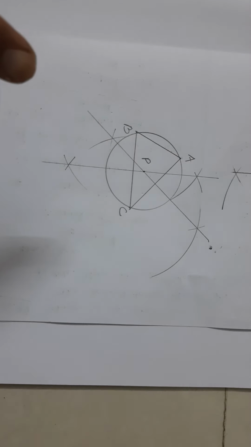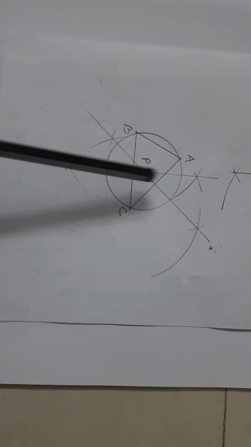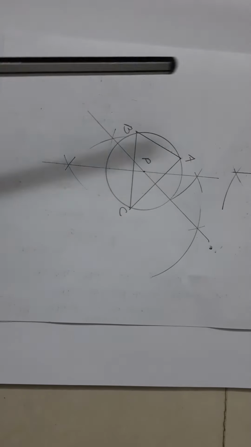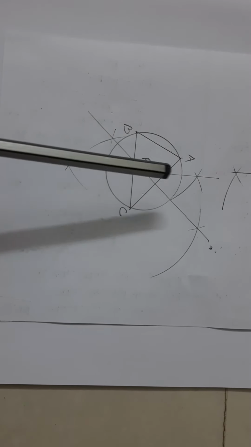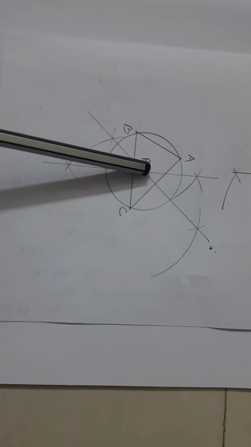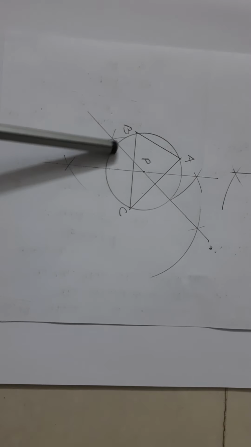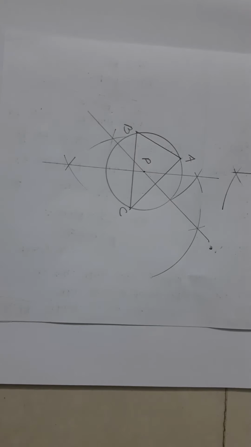P is the center. How did we obtain it? By constructing the perpendicular bisector of any two sides of a triangle. We got a center, and this center is equidistant from all the 3 vertices. It is also known as the circumcenter, and this particular circle through these 3 vertices is known as the circumcircle.